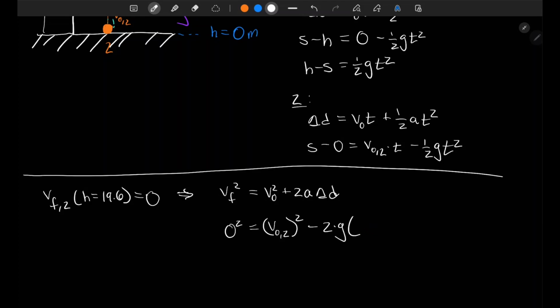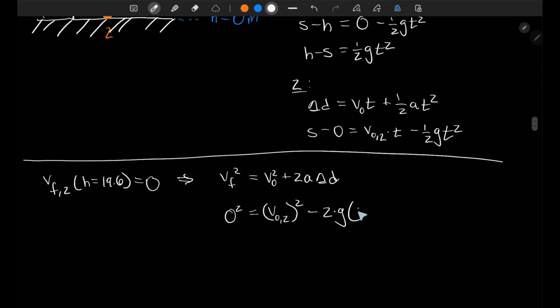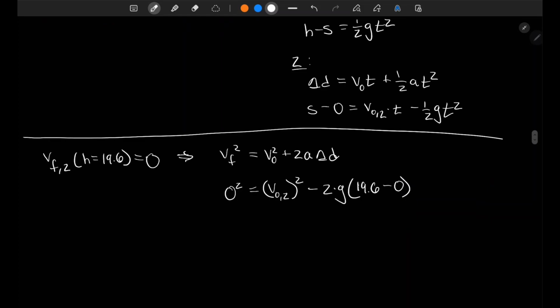And delta d here is the final position, 19.6, minus the initial position, 0. Then we can write this as 0 is equal to V naught 2 squared minus 2 times g times 19.6.